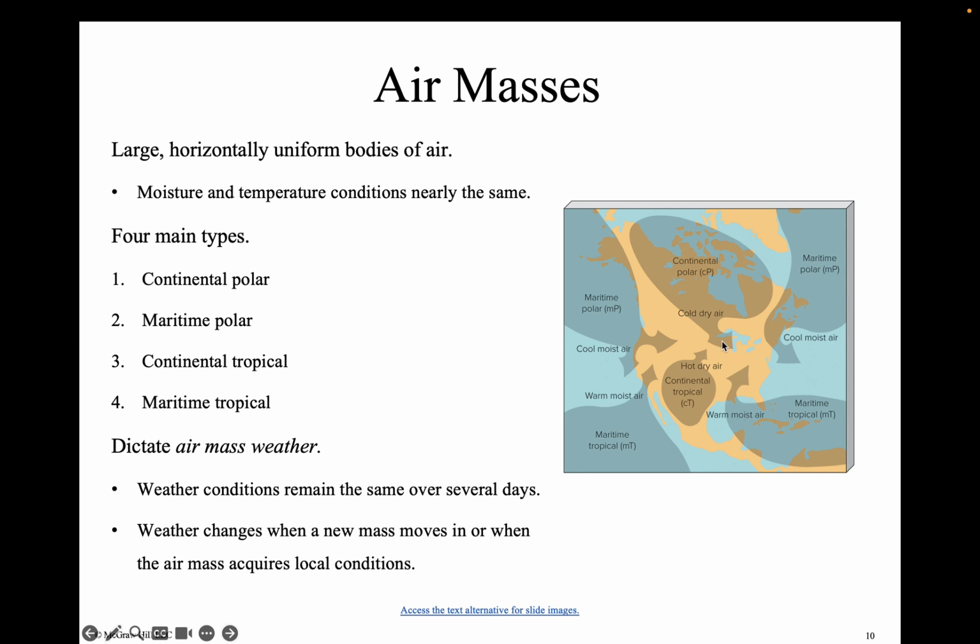So usually the type of weather we're going to observe during the spring is thunderstorms, and depending on the region, especially in tornado alley, you're going to have lots of thunderstorms and tornadoes and very strong winds because you have these fronts colliding with each other.